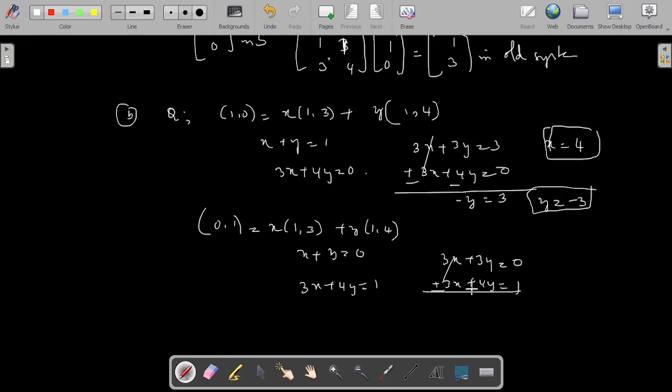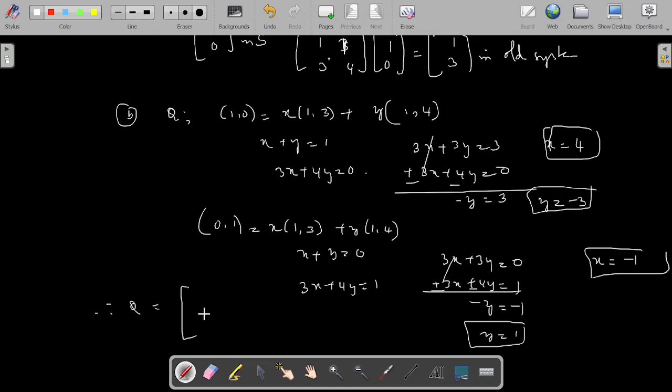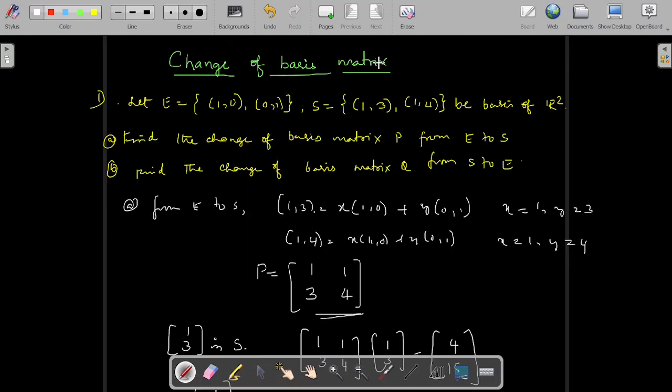Subtract: y equals 1. When y equals 1, x equals minus 1. So you got the coordinates. Therefore, Q equals, writing them as columns, (4, -3) and (-1, 1). So this is the matrix of change of basis from the new coordinate system to the old coordinate system.